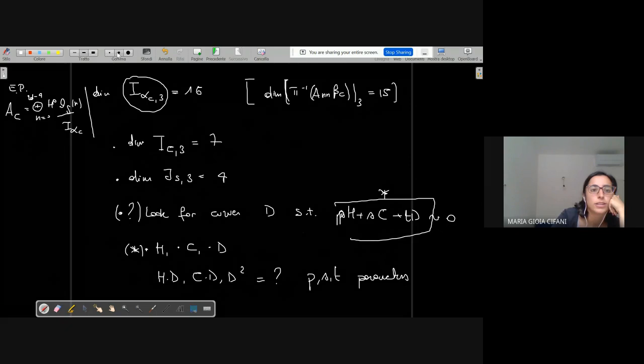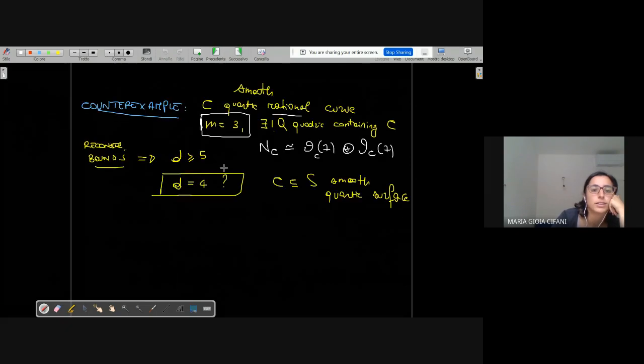And the only example that we found, so maybe I'll write here, there is only one D clearly different from C, because C is a trivial solution. The numbers tell you that D is, again, another quartic rational curve.